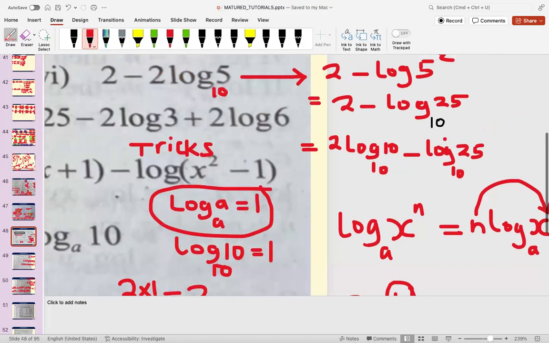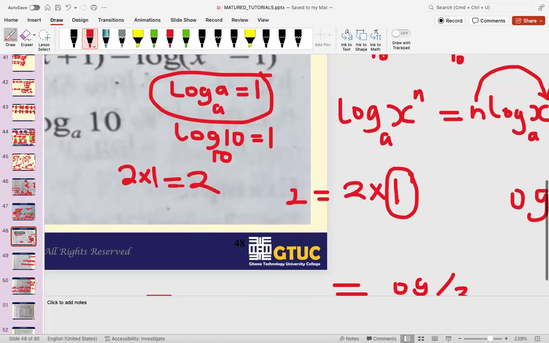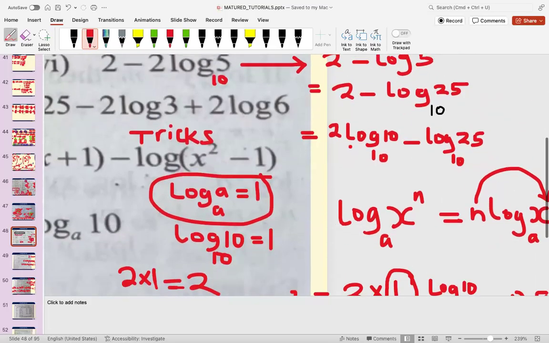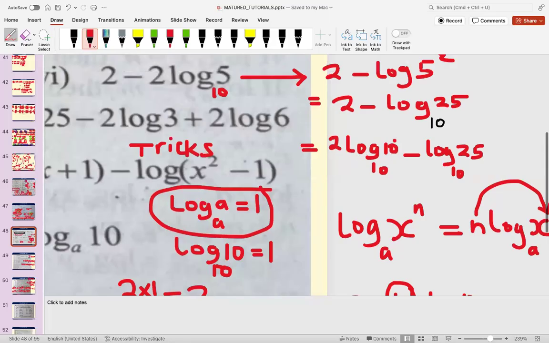And that was where I said, the trick is that I'm seeing log 10 here. So can I change this one and make it log 10, 10? Yes, because log 10, 10 will give me 1. So this log 10, 10 will now replace this one. Then I can write it as 2 log 10, 10. That is how come I brought this log 10, 10 here.